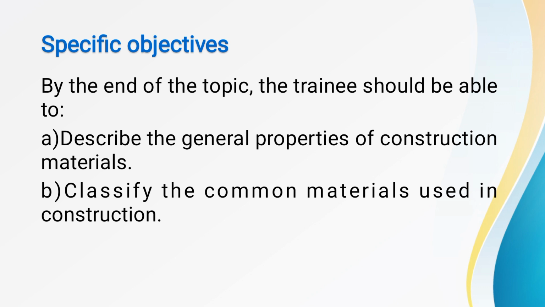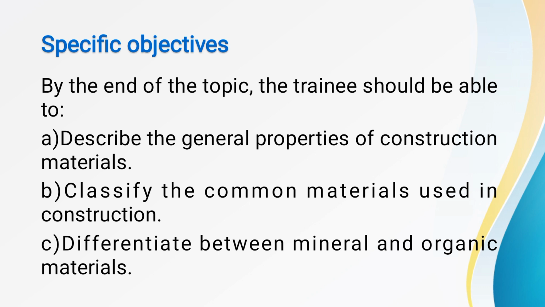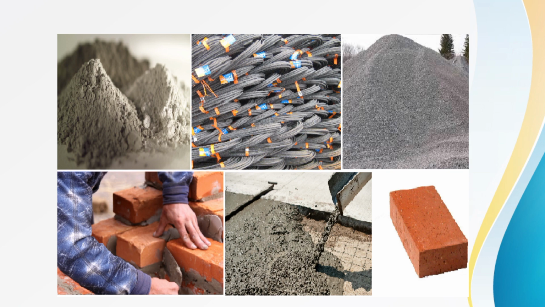Objective number 2 is that a trainee should be able to classify the common materials that are used in construction of a building. And then number 3, the trainee should be able to differentiate between mineral and organic materials.